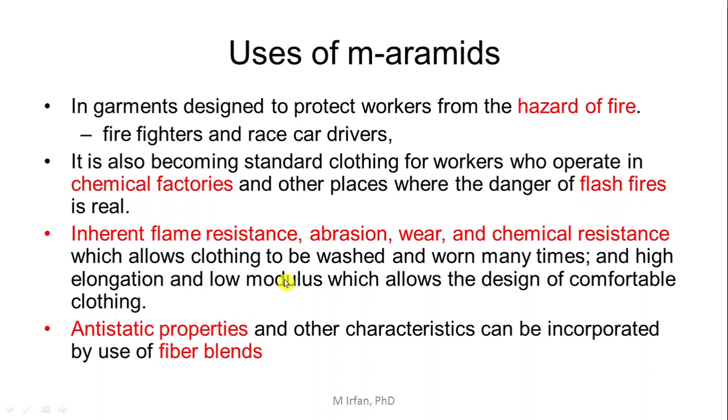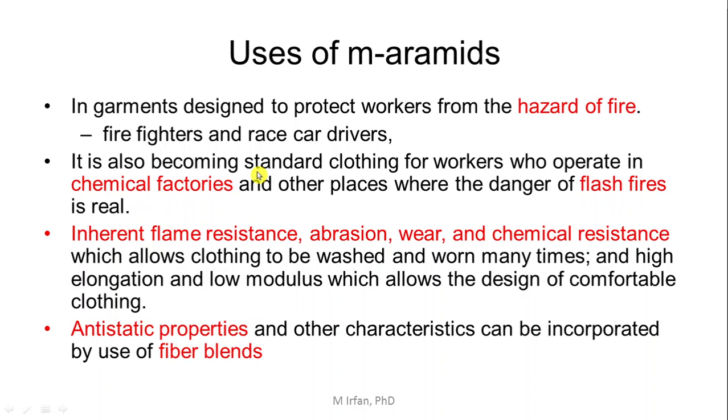Now we discuss applications or uses of meta-aramid fibers. As we have discussed, meta-aramid fibers are famous for their high temperature stability. Therefore, these fibers are used to design protective clothing for the workers who are exposed to hazard of fire. For example, firefighters and race car drivers.